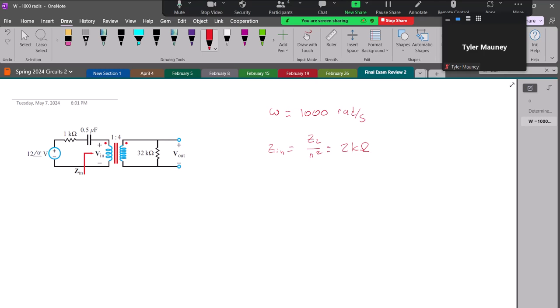But this time when we do voltage division, we have more stuff on the left-hand side.